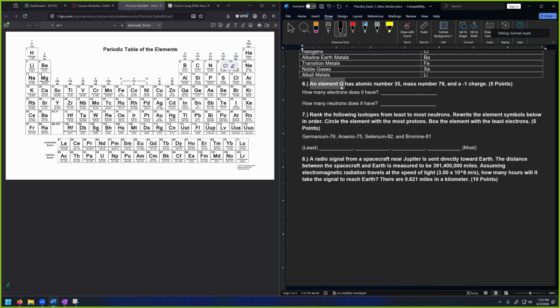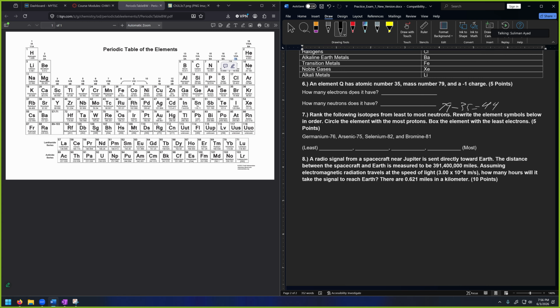With the number of protons and its mass number, we should be able to find the number of neutrons it has. So we'll do that one first because that's where my brain went. We'll take 79, and we'll subtract the number of protons, 35, and that's going to give us 44 neutrons.